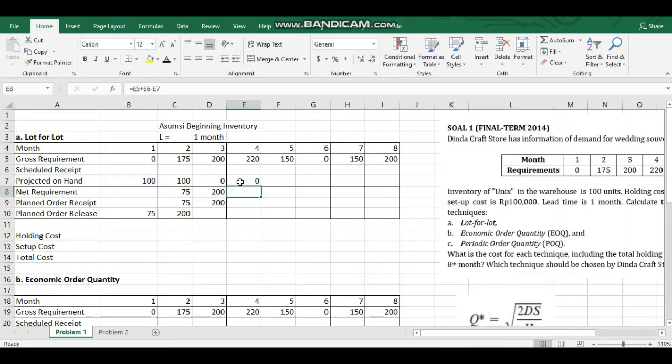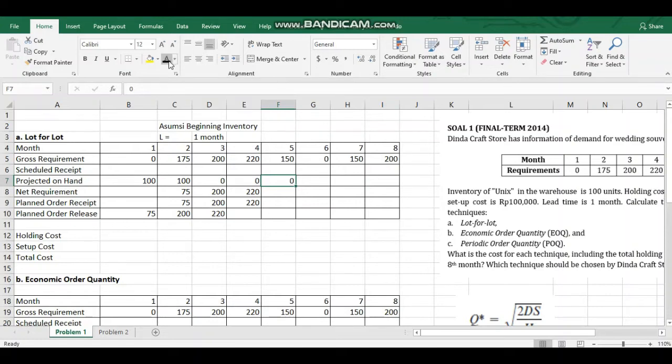So we have to get all of those requirements as our net requirement by placing the order again. And we have to place the order 1 month before, which is at the third month. So at the fourth month, those 220 units will arrive and will be used to fulfill the gross requirement.